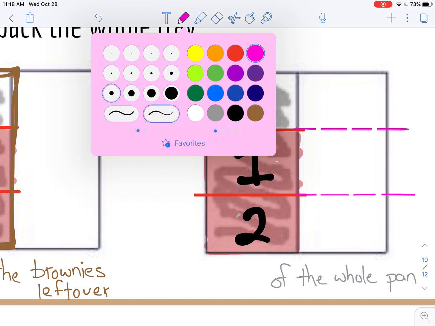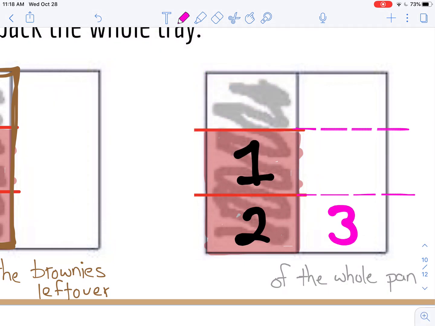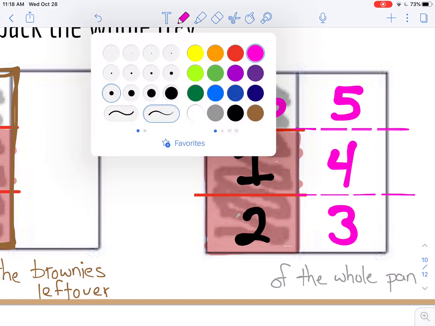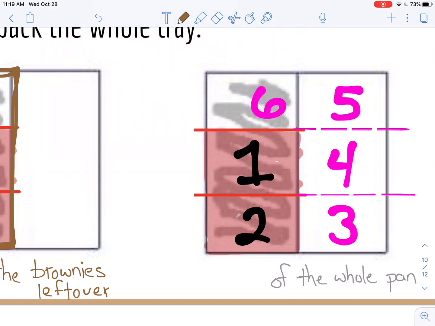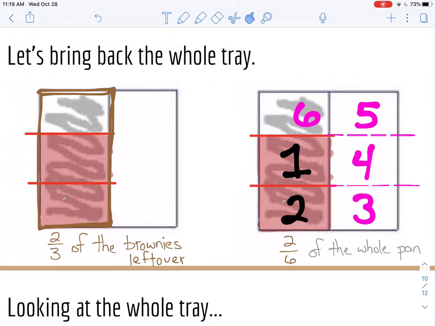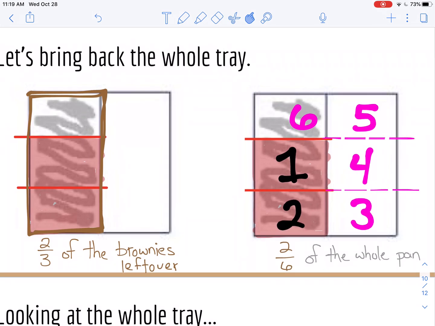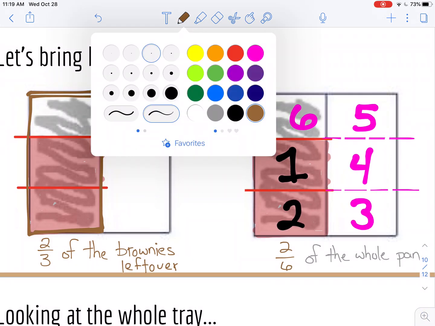And if I keep on counting, 3, 4, 5, 6, then I can see that Jed ate 2/6 of the whole pan. That's the same as saying 2/3 of the brownie leftovers.